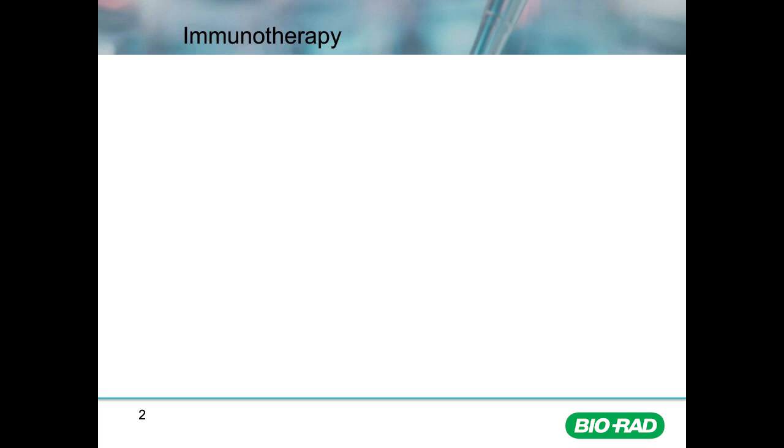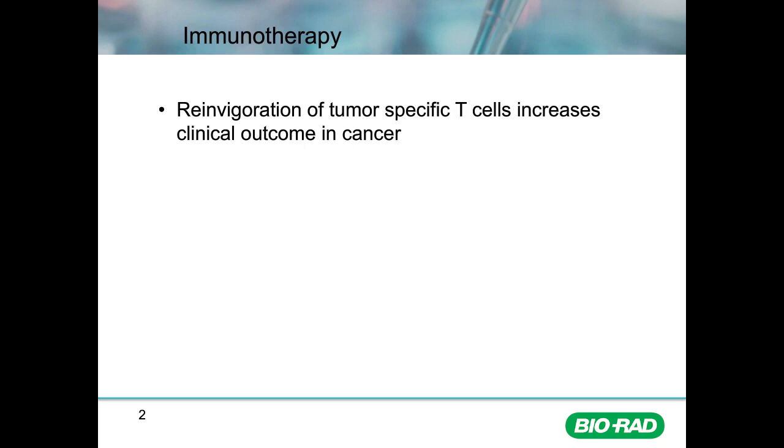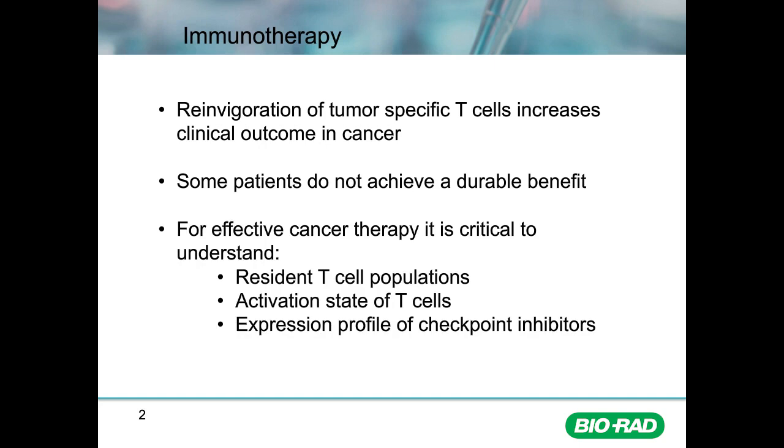Immunotherapy has provided mechanisms to reinvigorate tumor-specific T-cell responses and improve clinical outcomes. However, not all patients achieve a long and lasting cure. For effective chemotherapy, it is critical to understand resident T-cell populations, the activation state of the T-cell, and the expression profile of the checkpoint inhibitors.